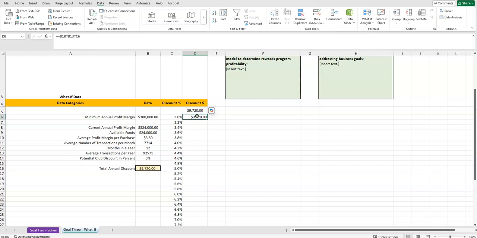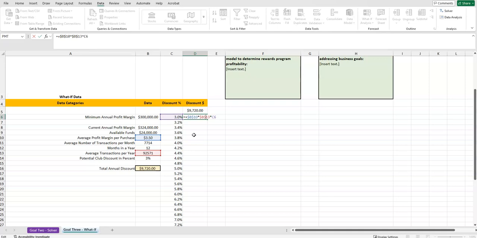Now if you're going to drag this down all the way to copy these formulas, you're going to need to put dollar signs in front of them to make sure they are locked in as absolute cell references instead of relative cell references, or else it will not do the calculation correctly.